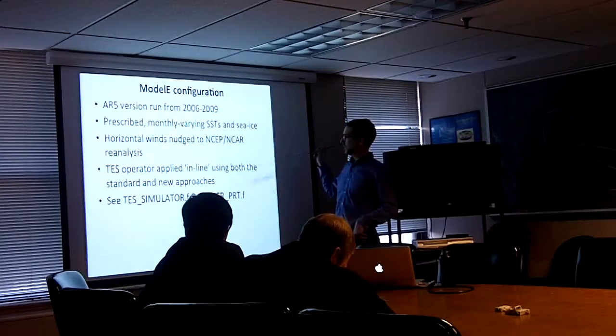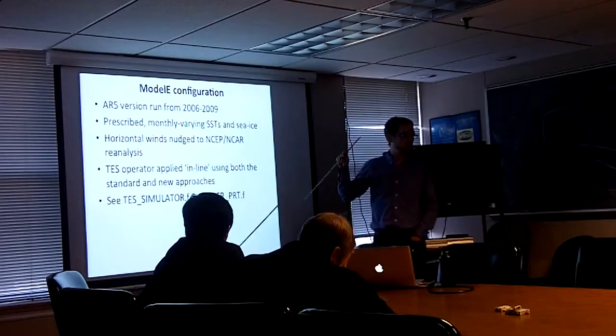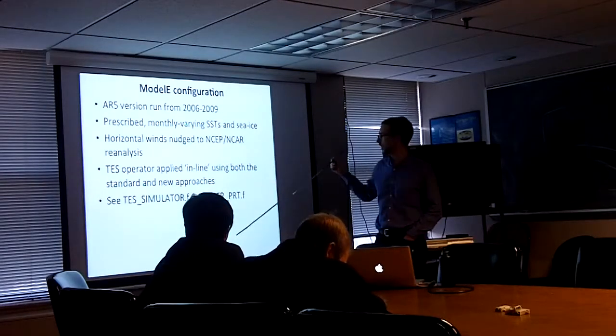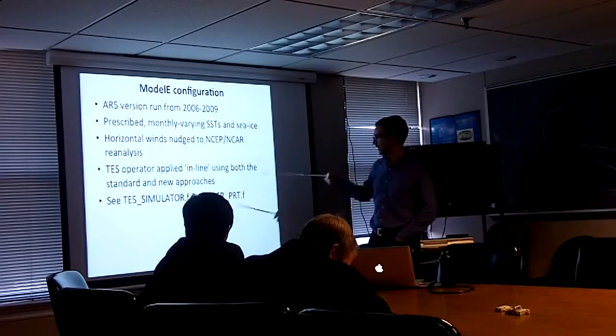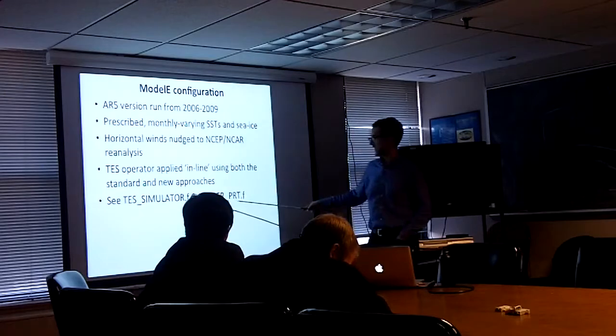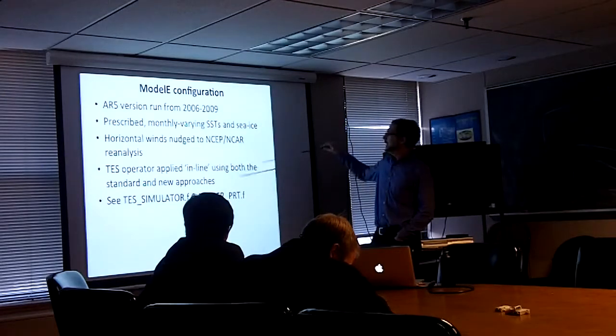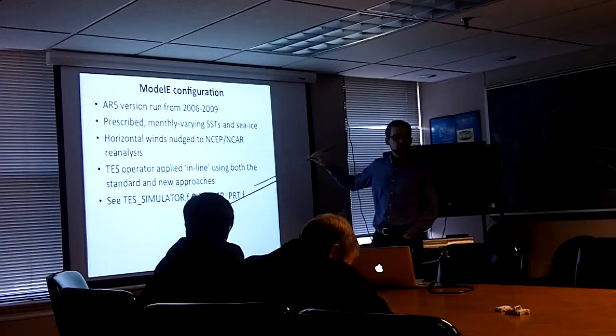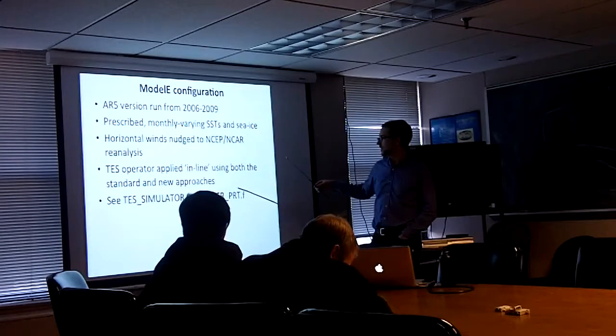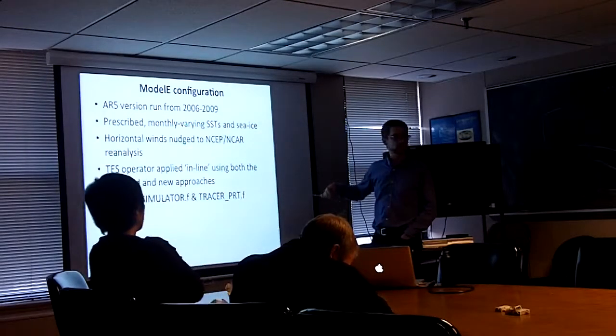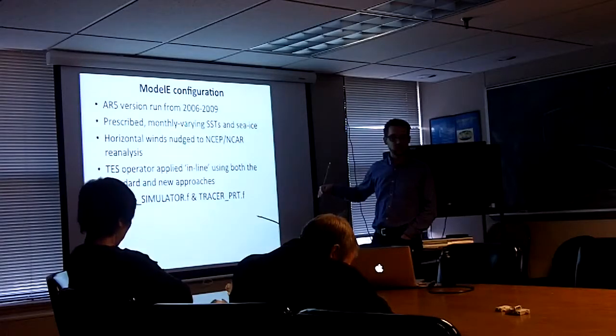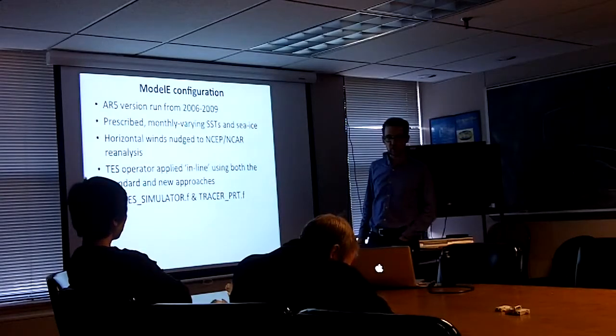As a technical note, all of this has been put inside the model rather than applied after the fact, to reduce the amount of model output data that we need to generate.